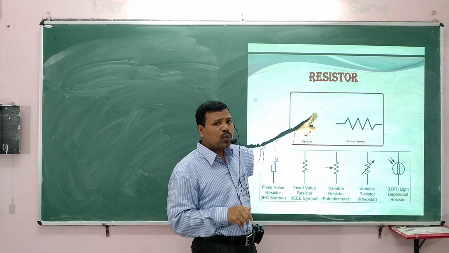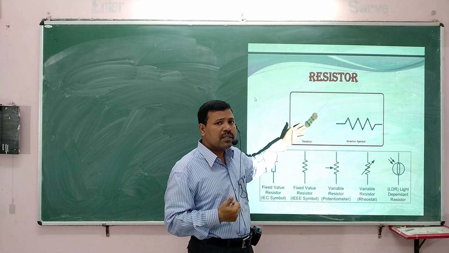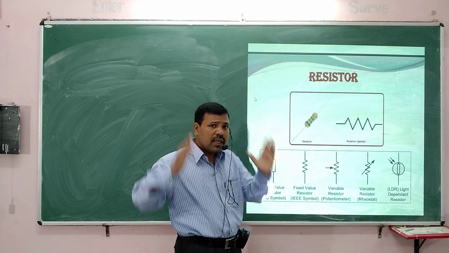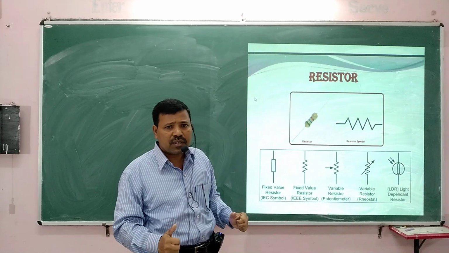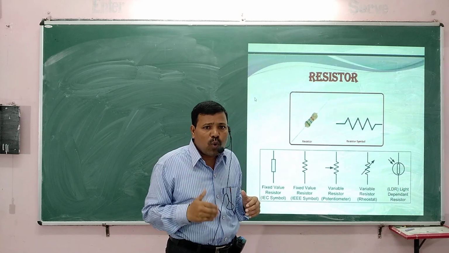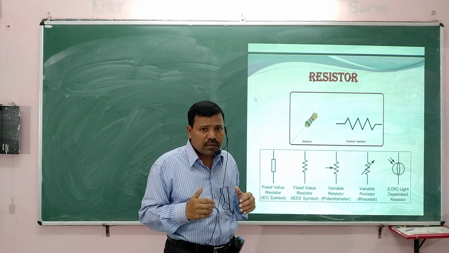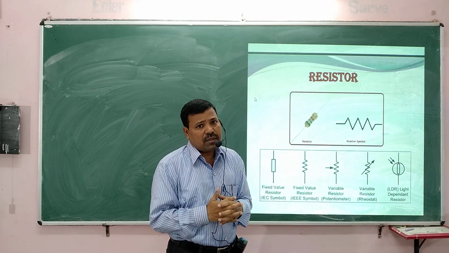By using the color code method, we can find out the resistance of this carbon resistor. Usually, carbon resistors are of higher range in terms of kilo ohms, 10 kilo ohms, 100 kilo ohms, mega ohms. They have a very high range of resistance.